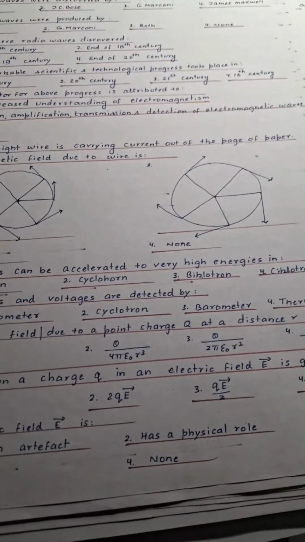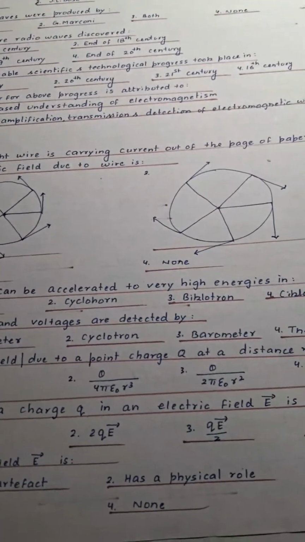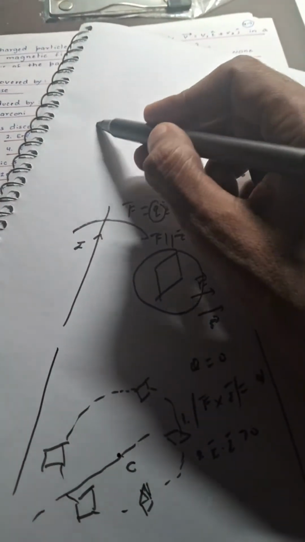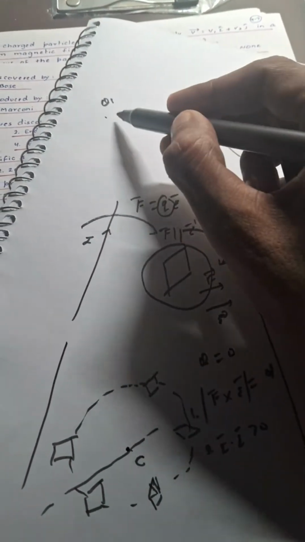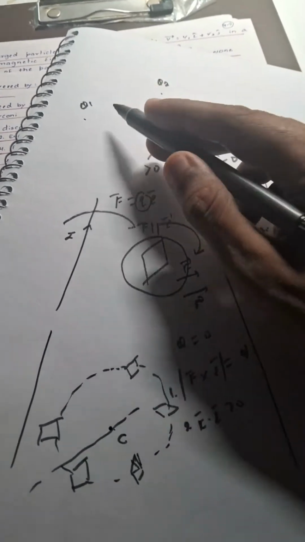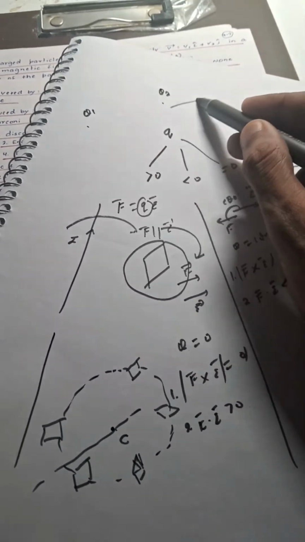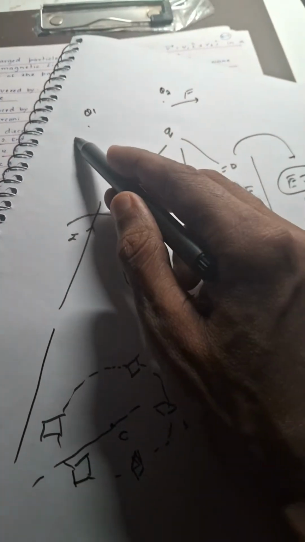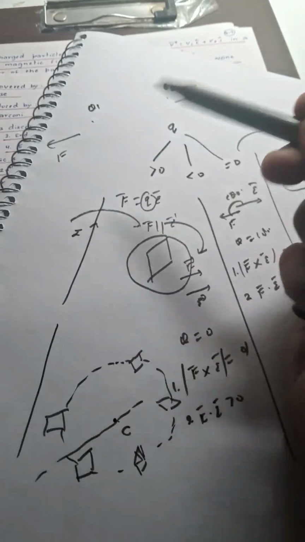Now here is the concept also. Let's understand the concept. First of all, let's think about why the concept of field was developed. Just ask yourself, suppose there is a charge q1 and there is a charge q2. Now there is nothing that connects q1 and q2. Suppose that the charges have the same nature, so we say that there will be a force on charge 2 as shown in the figure, and similarly a force on q1 like this.